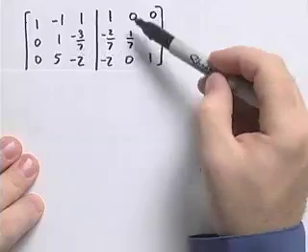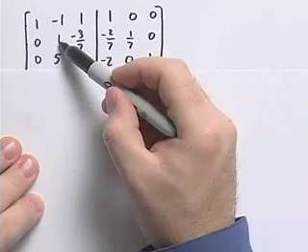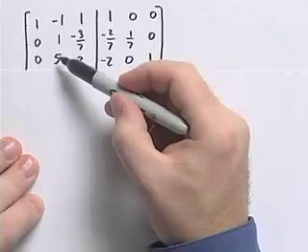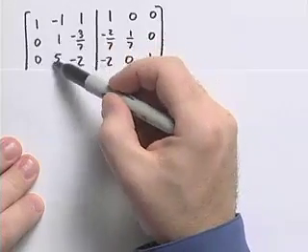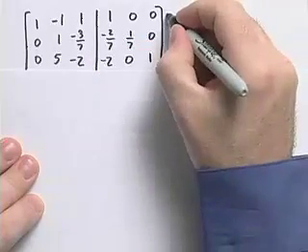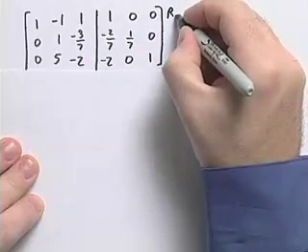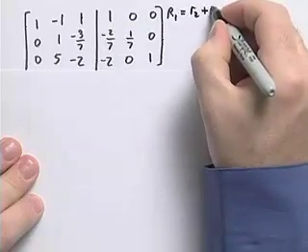Here we've rewritten our last matrix from the previous page. We've got our 1 here in the 2,2 entry. Our next step is to get a 0 below the 1 and a 0 above the 1. To do that, our new row 1 is going to just be row 2 plus row 1.